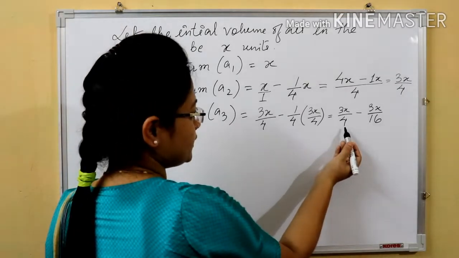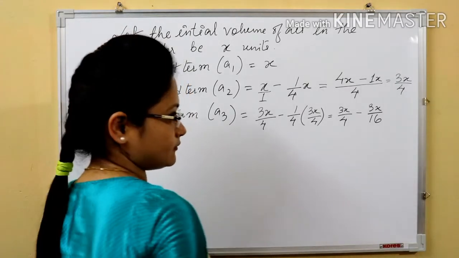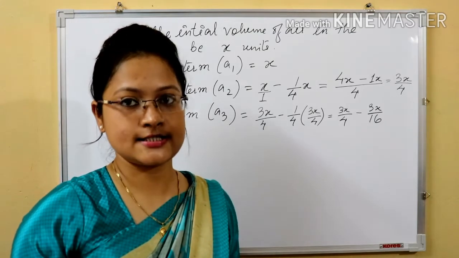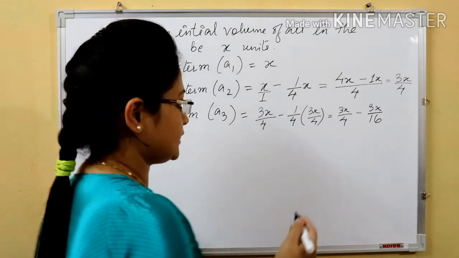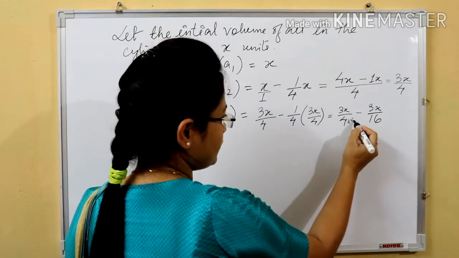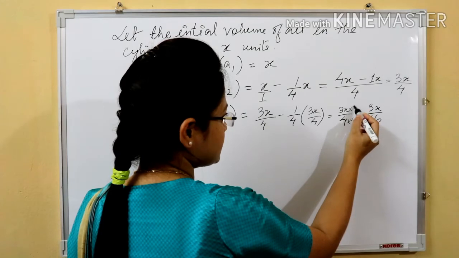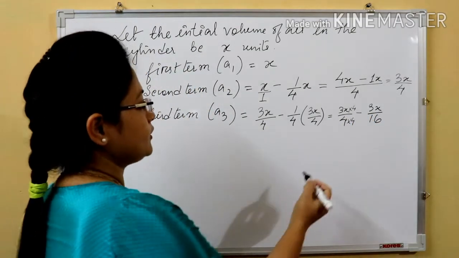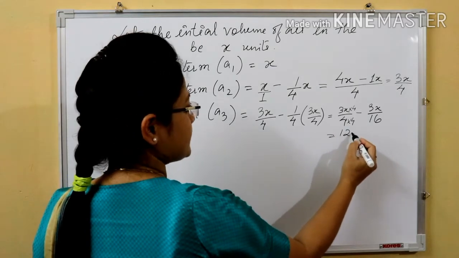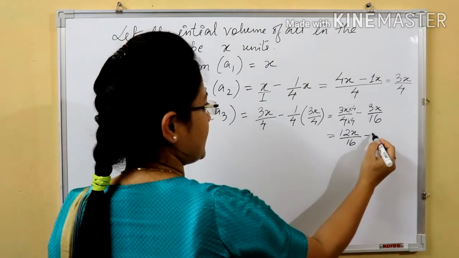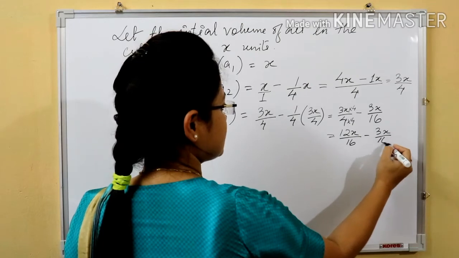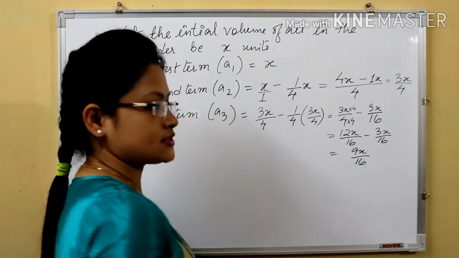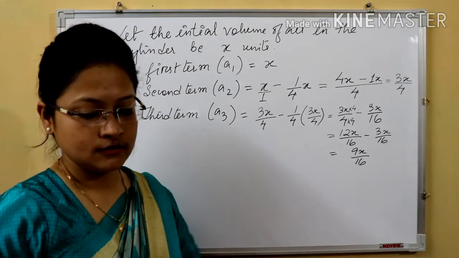The denominators are 4 and 16, and in the table of 4 we get 16. So 4 into 4 gives us 16, and this 4 will be multiplied with both numerator and denominator. So it will become 12x by 16 minus 3x by 16, which will be 9x by 16. We got the third term.